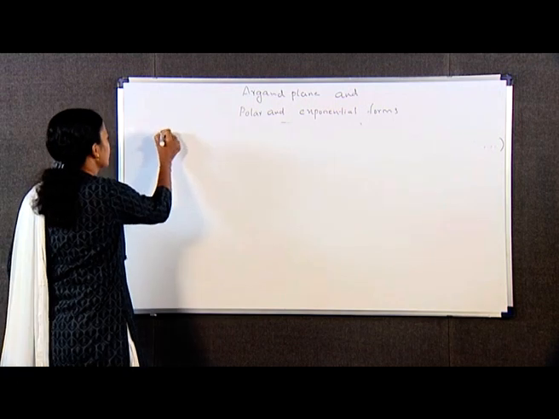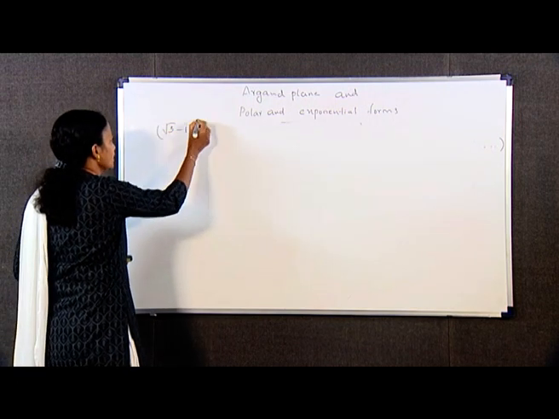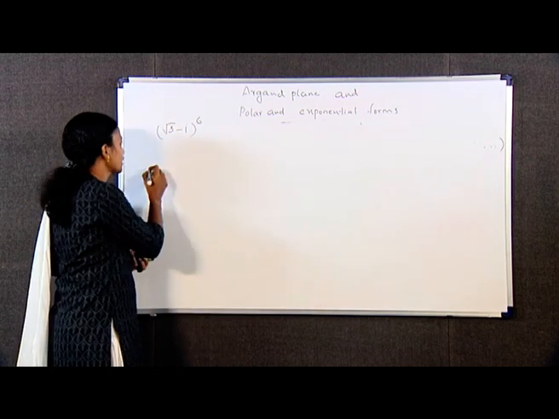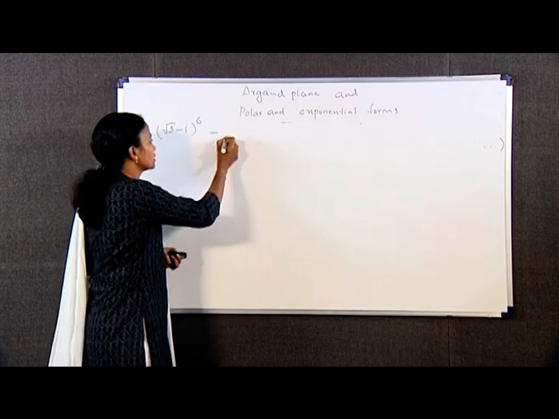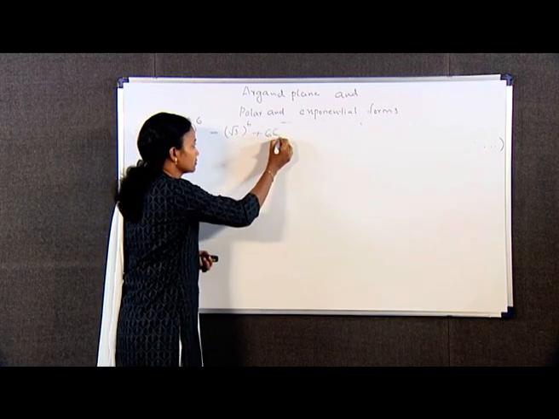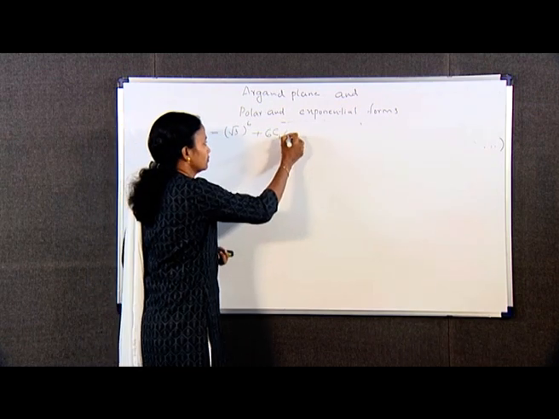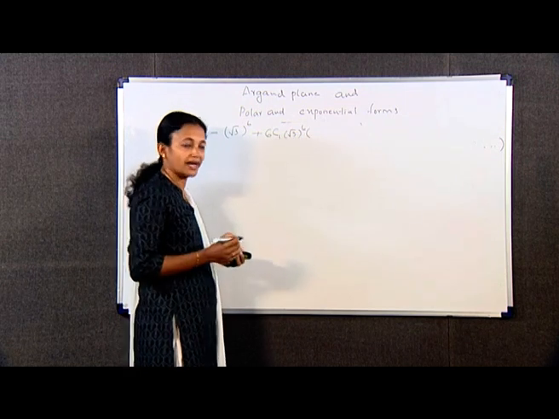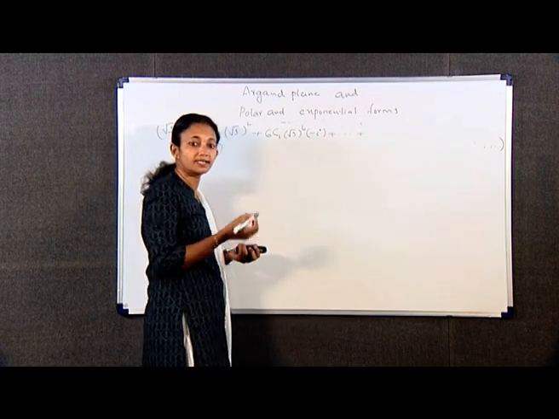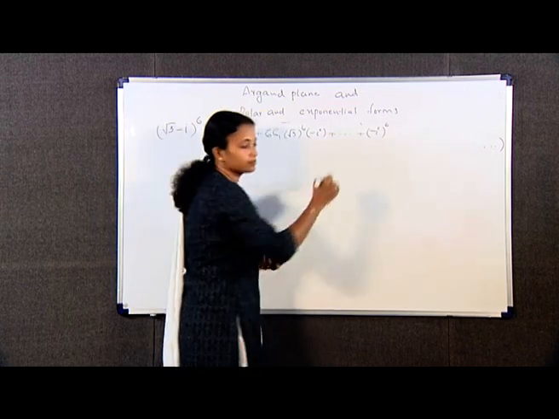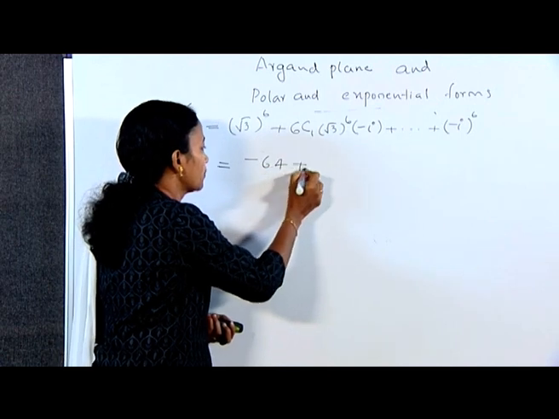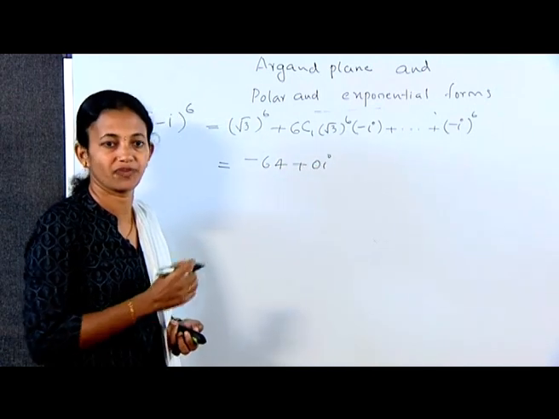Here binomial expansion yields root 3 minus i whole raised to 6 is equal to root 3 whole raised to 6 plus 6c1 root 3 raised to 5 into minus i plus etc. Last we have plus minus i raised to 6, which on calculation is equal to minus 64 plus 0i. On simplification we get this.